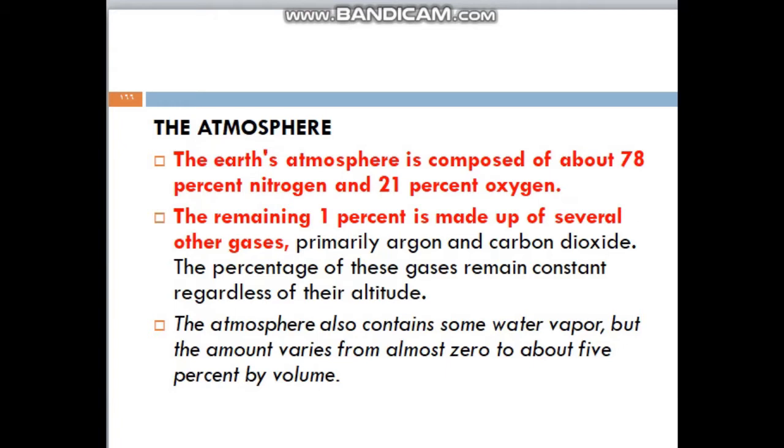The Earth's atmosphere is composed of about 78% nitrogen and 21% oxygen. The remaining 1% is made up of several other gases, primarily argon and carbon dioxide.